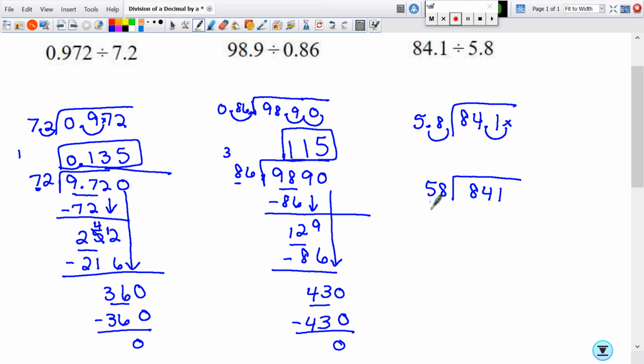Okay, 58 goes into 84 one time. 1 times 58 is 58. Subtract. You're going to have to borrow here. 14 take away 8 is 6. 7 take away 5 is 2. Bring down the 1.